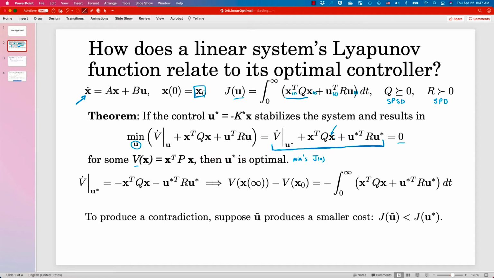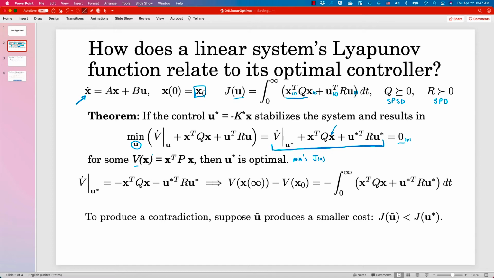Okay, so we get to steer the state, so these are x of t's, but truly those x of t's are also more explicitly functions of the control. So this is a quantity. It's a scalar quantity, I think, as well, right? This is a scalar, 1 by 1, because u transpose Ru is a scalar. Add that to a scalar. And the V function itself is a scalar, so its time derivative is a scalar.